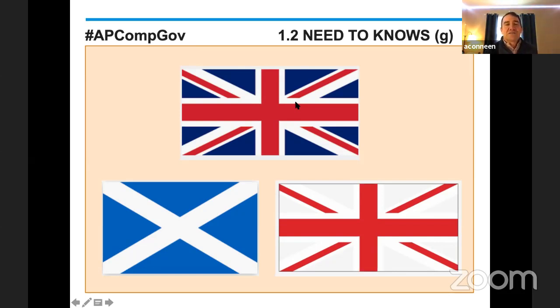That is how Scotland is represented in the flag. Northern Ireland is also in there with the cross of St. Patrick, as are England and Wales. The patron saint is St. George, and the dominant red cross in the middle of the Union Jack is the cross of St.